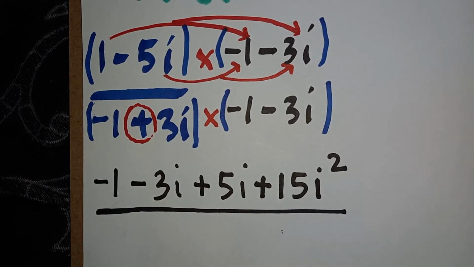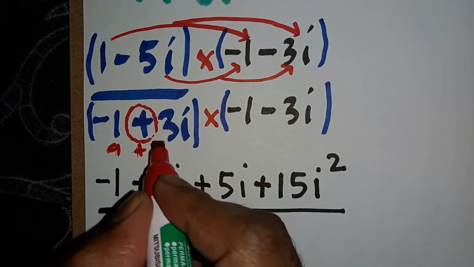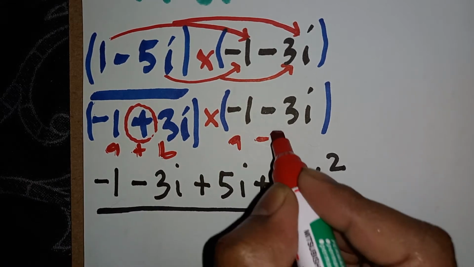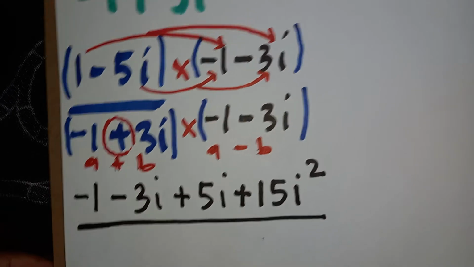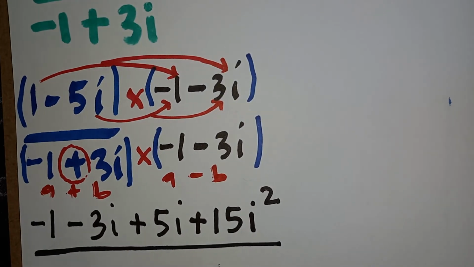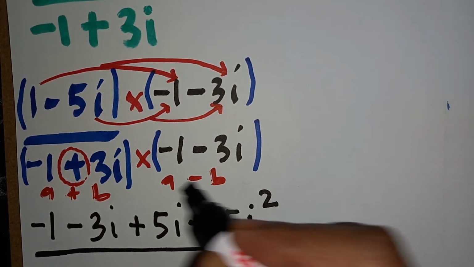When you have something as a plus b and a minus b, that can be written as a squared minus b squared. We know that from basic algebra. Now we are going to use the difference of two squares rule at this place.